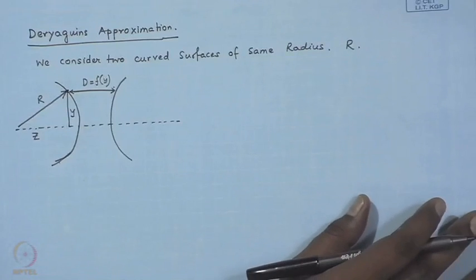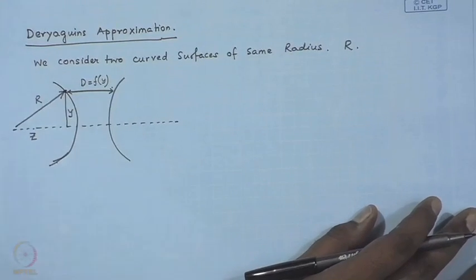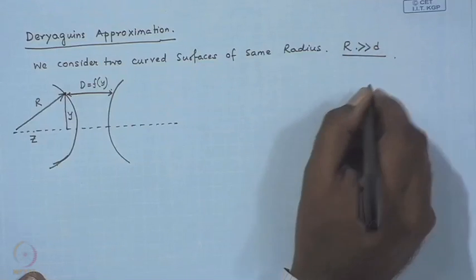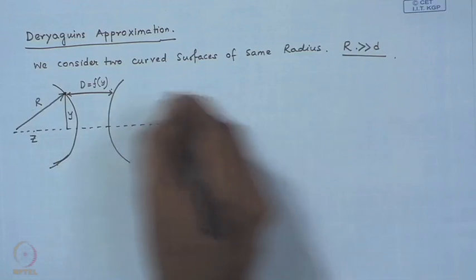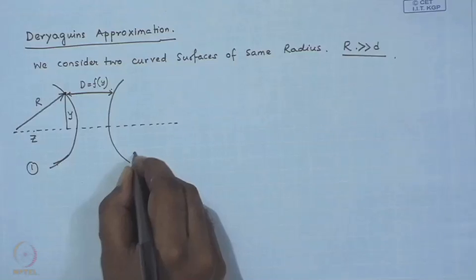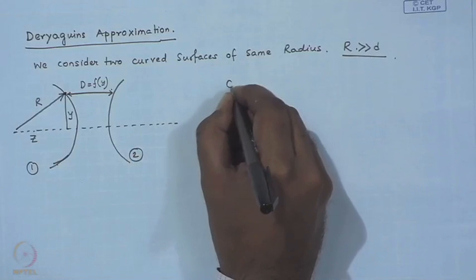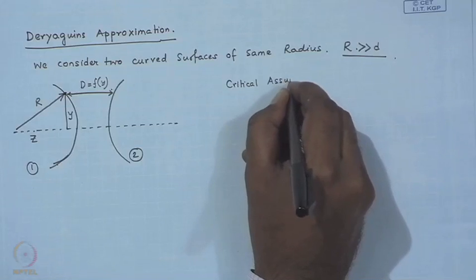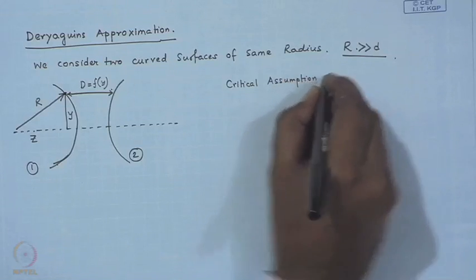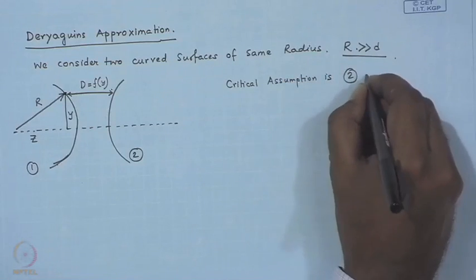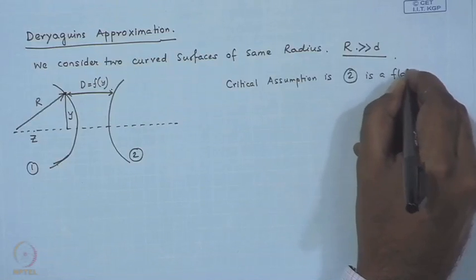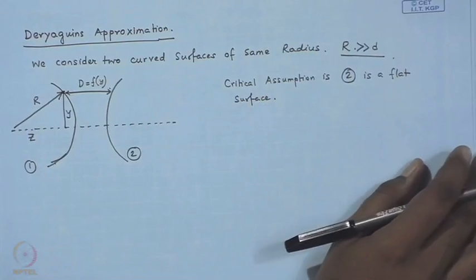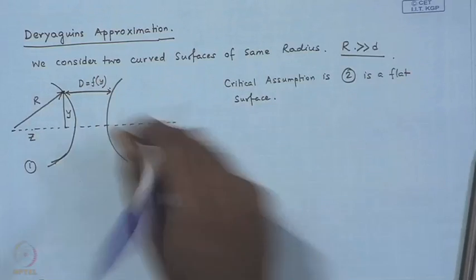D is the gap between the two surfaces, and r is much greater than d. Critical assumption is that the second surface is a flat surface. Okay.